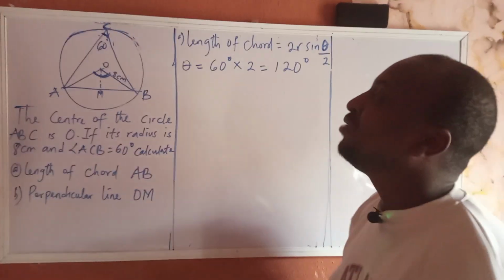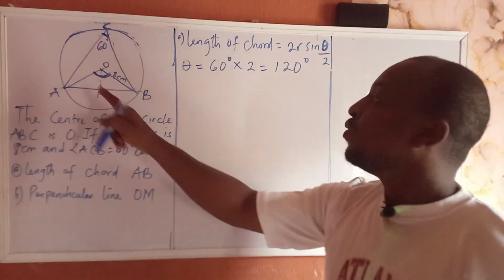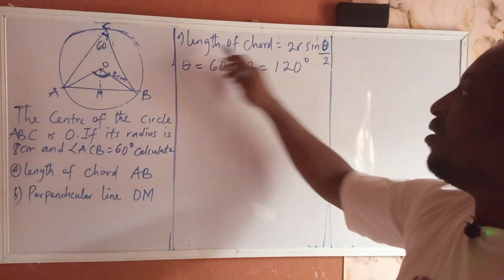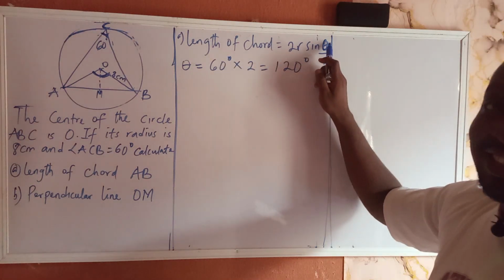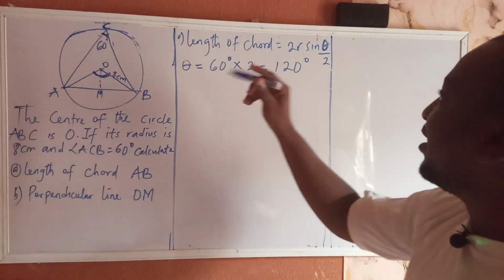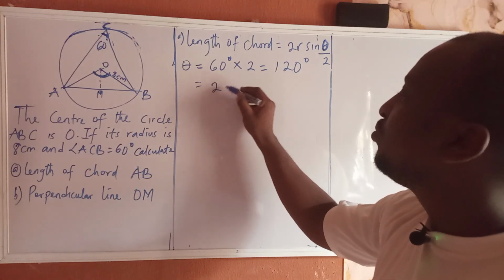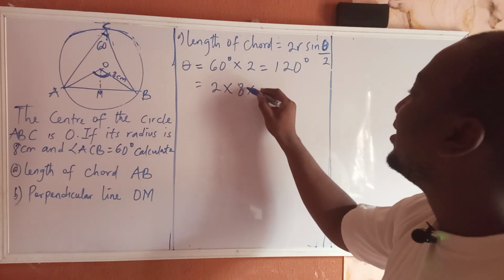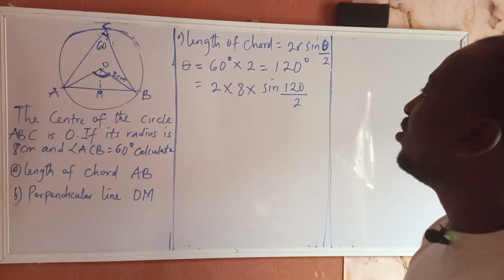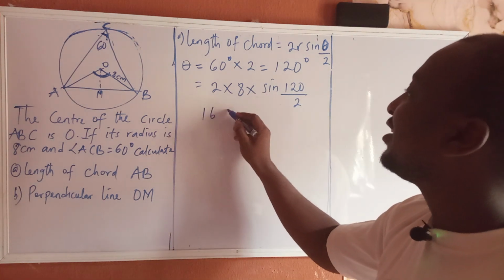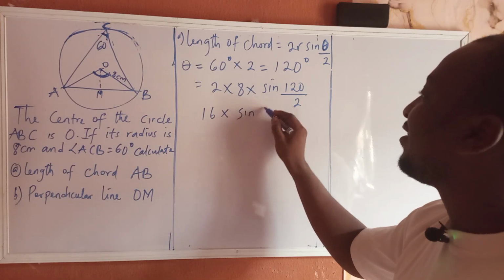So that will be the angle subtended at the center of the circle, which stands for our theta in the formula for the length of a chord, 2r sine theta over 2. Let's go ahead and solve that. That will be 2 times 8 times sine 120 divided by 2. So we now have 16 multiplied by sine 60.